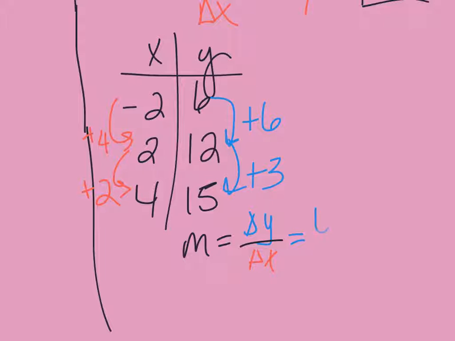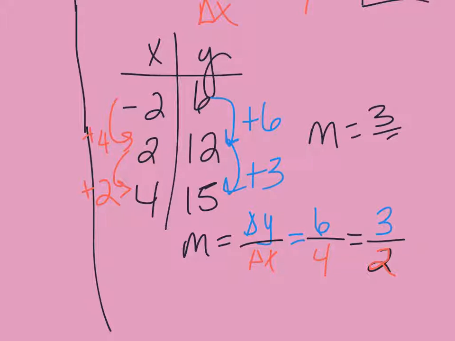So it's 6 over 4. Or if I use the other 2 points, I have 3 over 2, and those are equal. So my slope is 3/2.